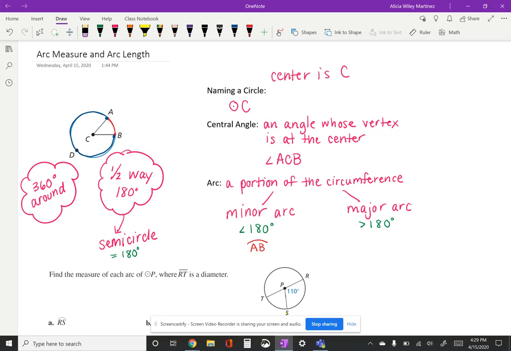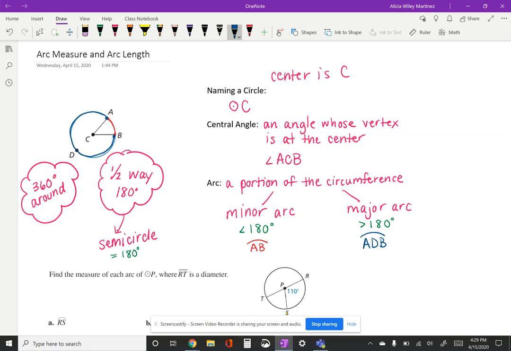So to distinguish between whether we're naming an arc that is less than 180 degrees or bigger than 180 degrees, we use more letters to name our major arc. Now our major arc is the longer way around. It goes from A through D to B. So I'm going to use those three letters in that order to name this arc. So those are the two arcs that we have.